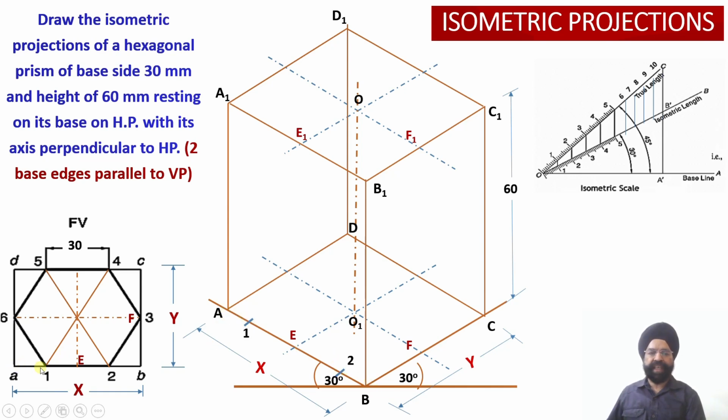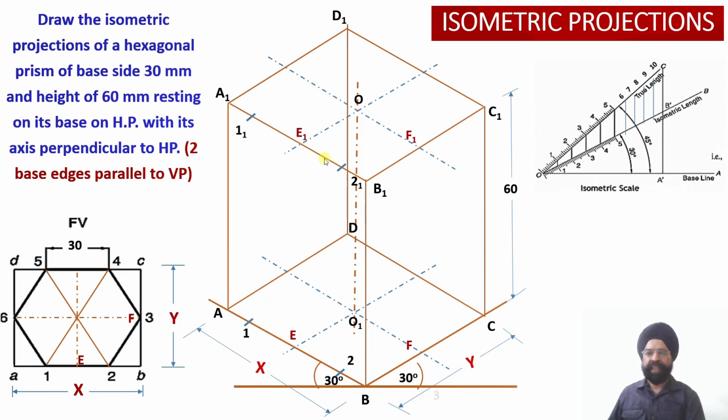So we have measured the distance A to 1 and B to 2, and then once you measure this distance on the true scale, convert it to the isometric scale, so we can mark the points A1 and B2 along this edge AB of the rectangle. Similarly, on the top face, same distances we are going to mark, that is A1 to 1-1. Similarly, B1 to 2-1 distance will be marked over there on the edge A1B1 corresponding to the top face of this rectangle.